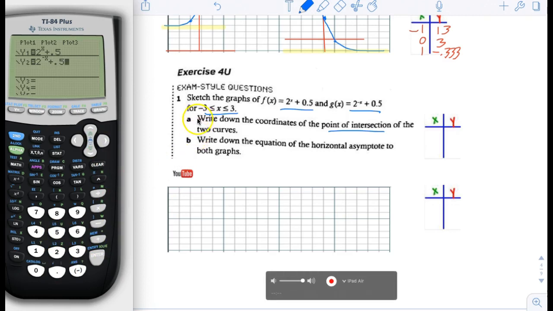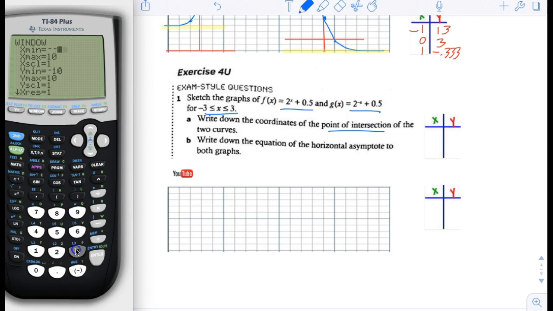And you notice they give us a domain of -3 to 3. So we could optimize our graph here by putting that domain into the window. So for the domain of the window, I'm going to put -3 to 3. Then I'm going to graph it.